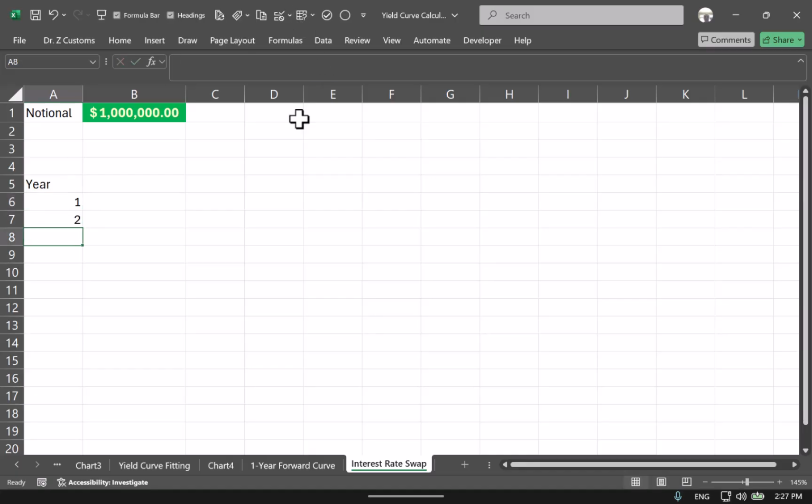Just for the hell of it, I'm going to do this for only 10 years because I don't trust the fitted numbers after that. You actually need better fitting methodology, but it's beyond the scope of this class.